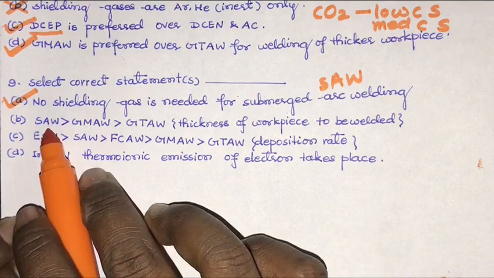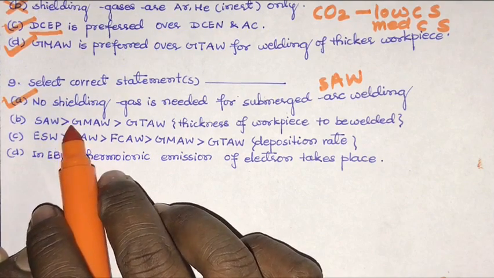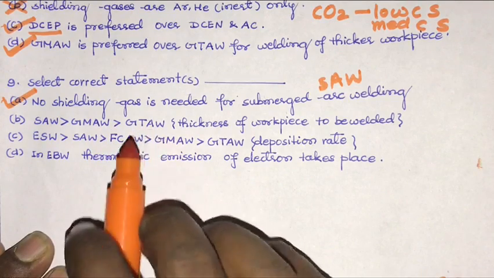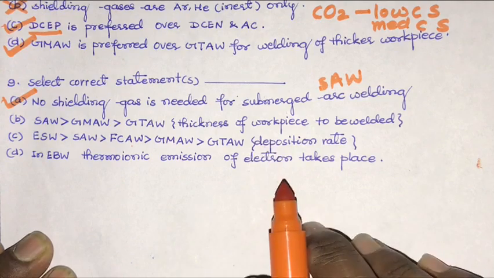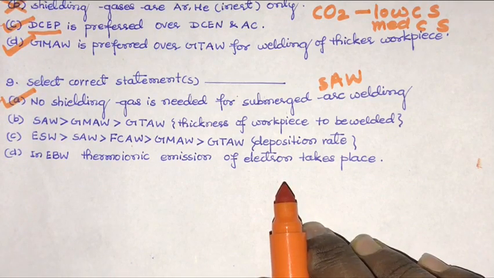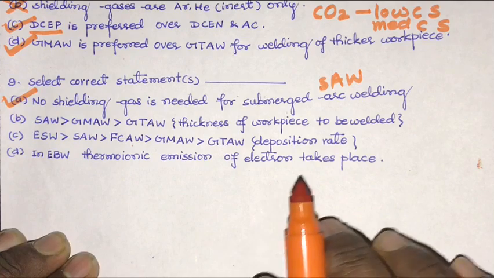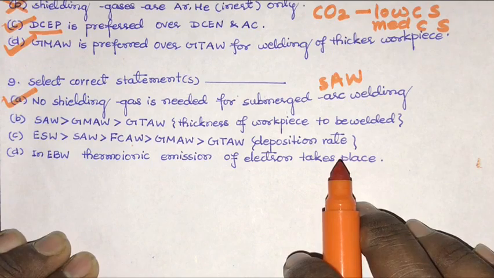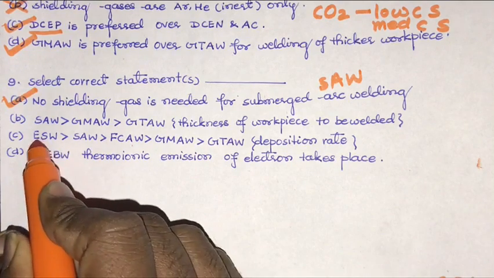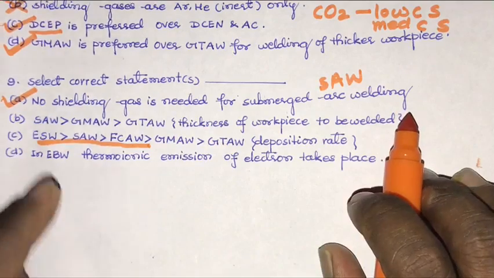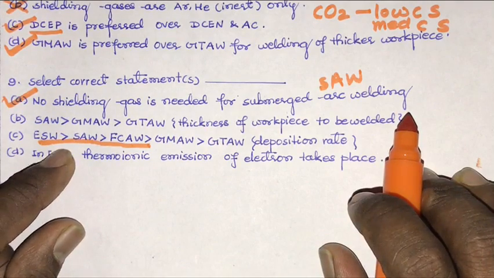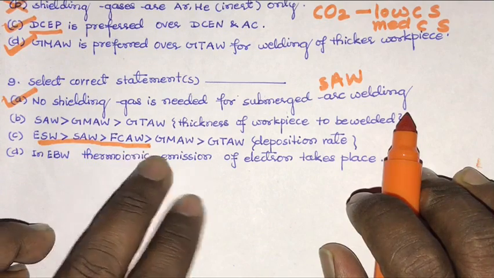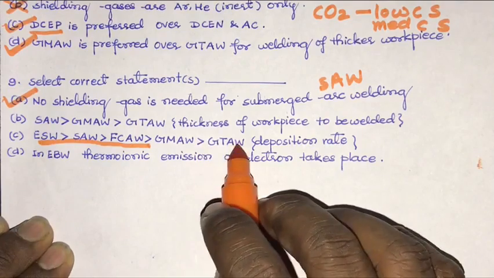Now, submerged arc welding greater than gas metal arc welding greater than gas tungsten arc welding: that is the order of thickness of the workpiece to be welded. We know that the thickness of the workpiece to be welded is directly proportional to the deposition rate, and this is the order of deposition rate, in which electro slag welding has the highest deposition rate, and after that submerged arc welding, then flux cored arc welding, then gas metal arc welding, then gas tungsten arc welding.